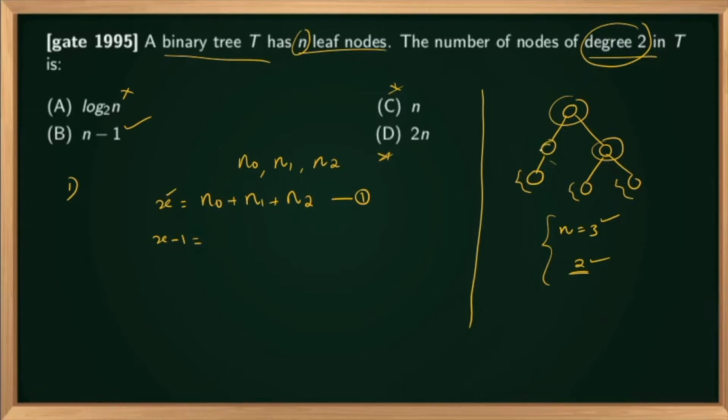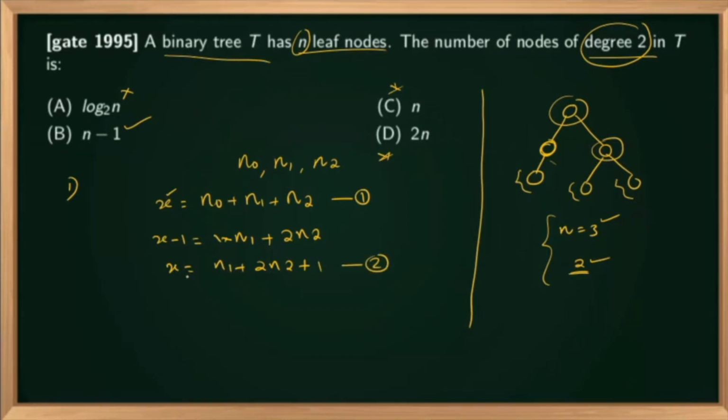But this is degree 1, and a degree 1 node will contribute 1 edge, so 1 into n1. A node with degree 2 will contribute 2 edges, so 2 into n2. The total number of edges is n1 plus 2n2, which should be equal to x minus 1. So from this, x is equal to n1 plus 2n2 plus 1. This is equation number 2.